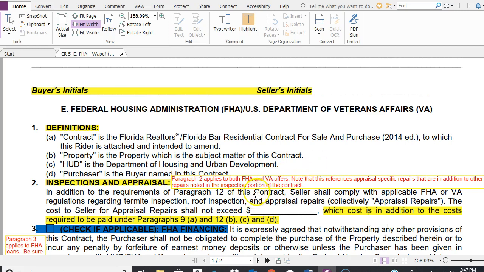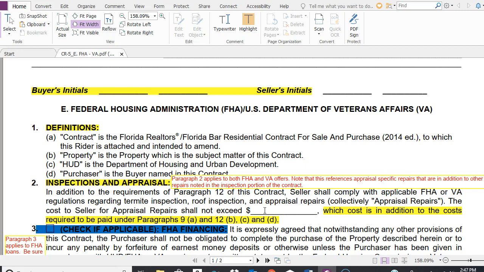Now in here, if an amount is put in here, let's say it's $500, and let's say earlier you had done 0 repair limits on an as-is contract under the main body of the contract, which is paragraph 12 of the contract, then if the appraiser comes in and finds some other things that still need to be addressed, then the seller would be obligated up to any amount that's placed in here. If it's $500, if it's $50, if it's whatever, okay? If it exceeds that, then it's time to renegotiate.